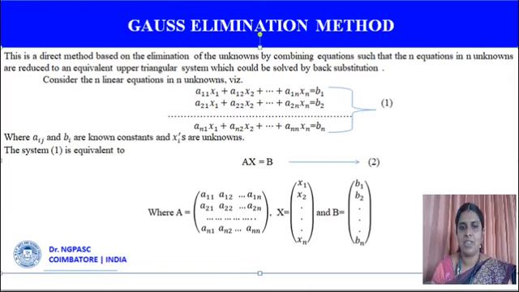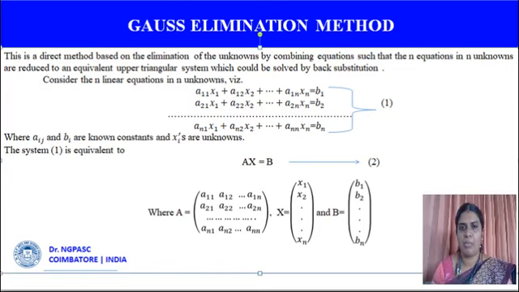So this system of equations is equivalent to AX is equal to B, where A is a matrix of the coefficients, capital X is a matrix of the n unknowns, and B is a matrix with the right hand side b1, b2, up to bn.